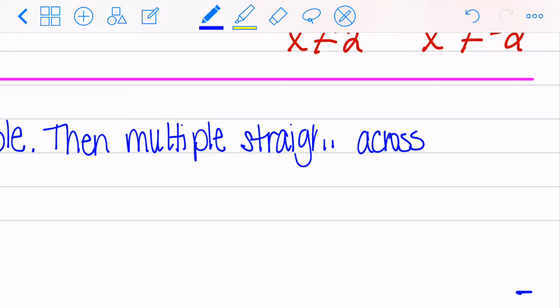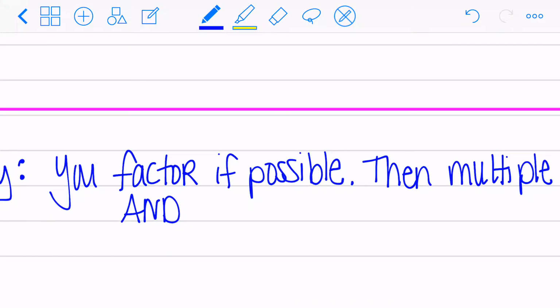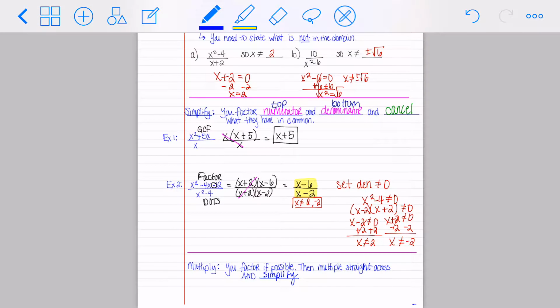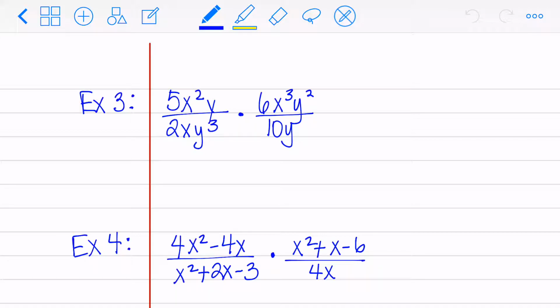And then you simplify. So write, put a blank in there and say simplify. Okay, flip over to the other page. Let's do some of these together.